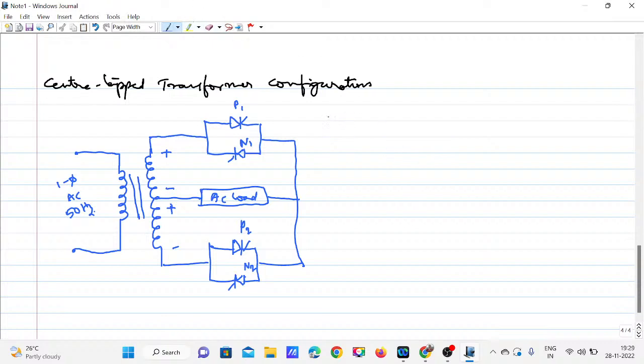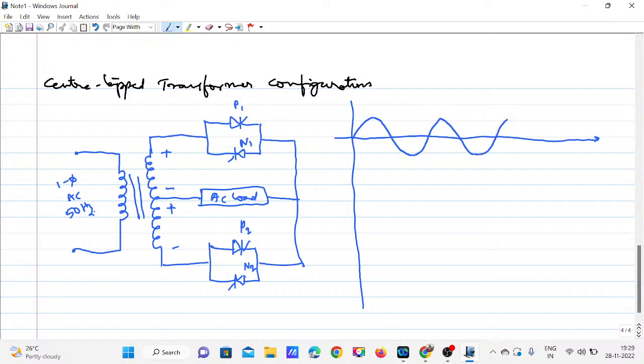So the circuit diagram is like this. I mean the waveform is coming to be: first cycle, second cycle, third cycle, like this.